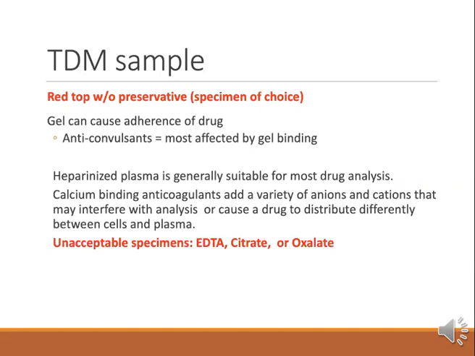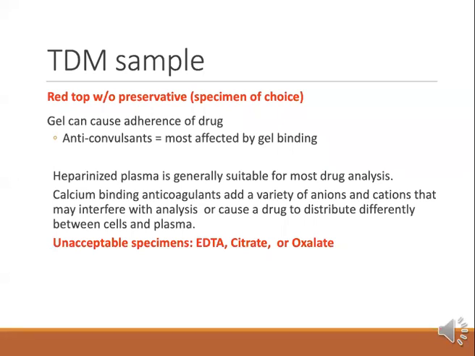So typically you'll see that we get a red top tube without preservative, which is the specimen of choice. Basically, the gel can cause some adherence of the drug, especially with drugs like anticonvulsants. These are the most affected by gel binding. Heparinized plasma is generally suitable for most drug analysis as well.